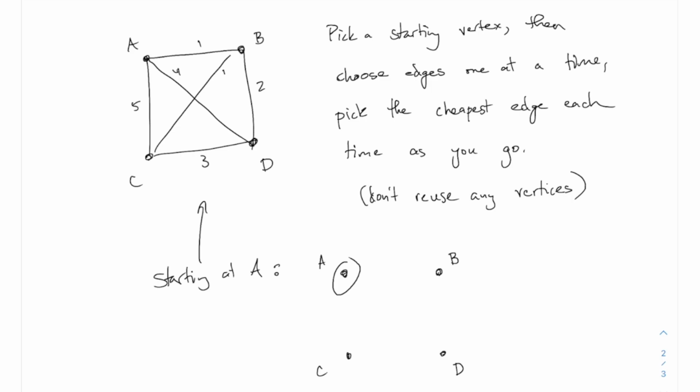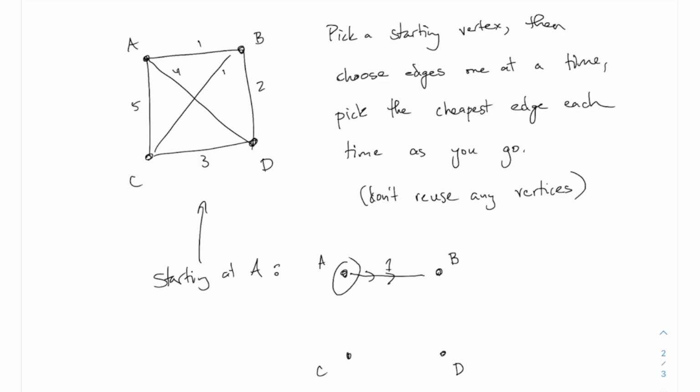It could be this one, or this one. I'm going to choose the one which is the cheapest in terms of the weights. That would be the one on top, which is a 1. So my first choice is this edge, which is a 1. That's the first edge that I pick, because among the three choices I had, it was the one with the lowest weight.